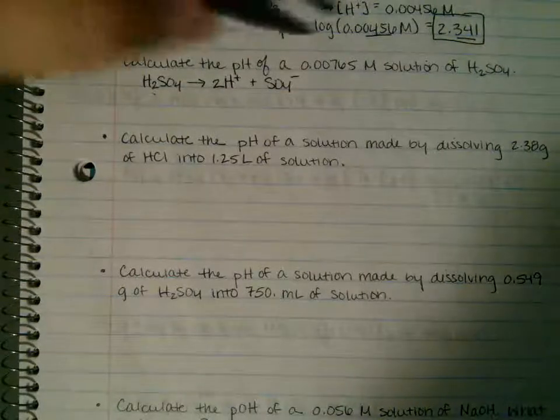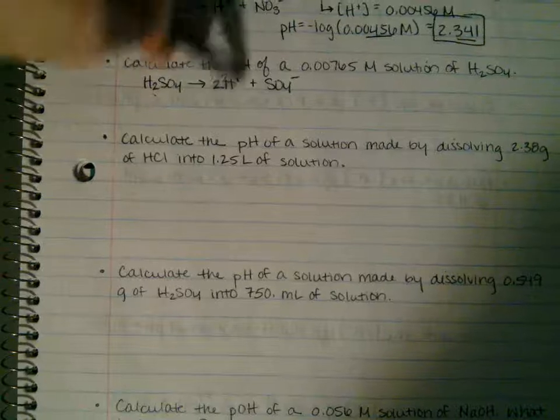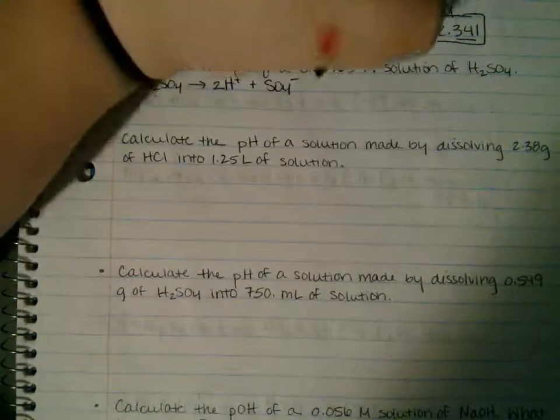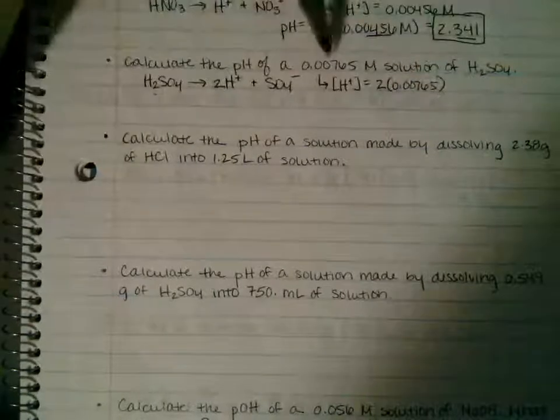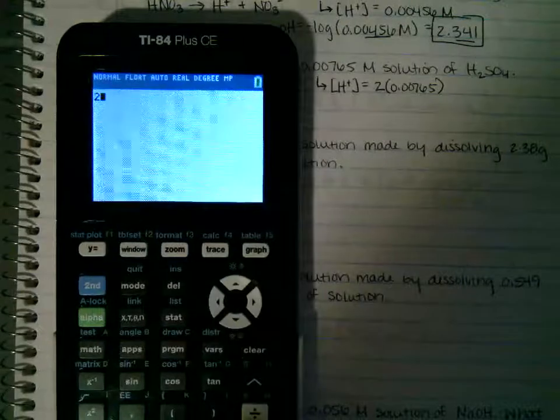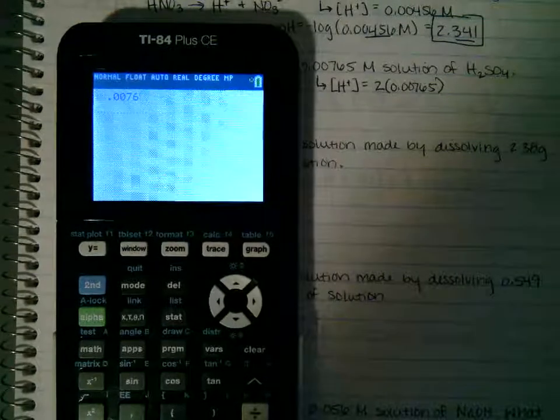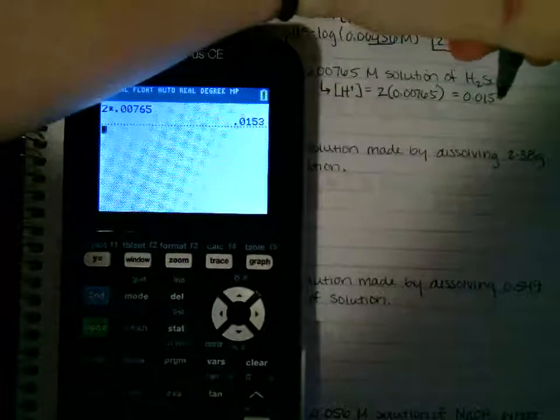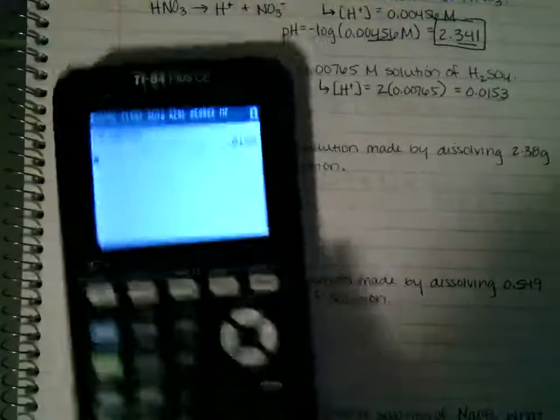So now the hydrogen ion concentration is going to be twice as much as the acid concentration, right? So now we need to say our hydrogen ion concentration is going to be 2 times the acid's concentration. So that's our hydrogen ion concentration.